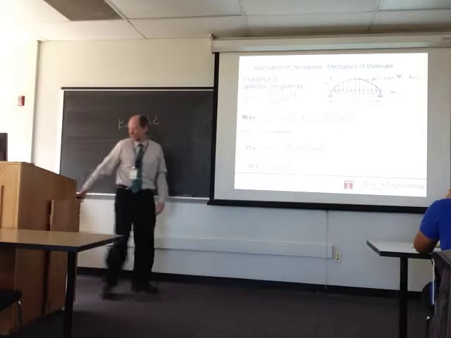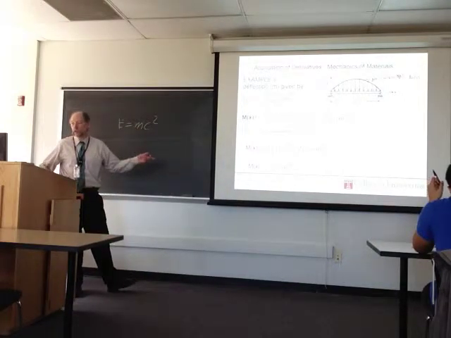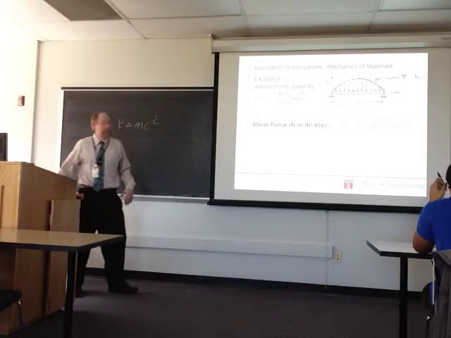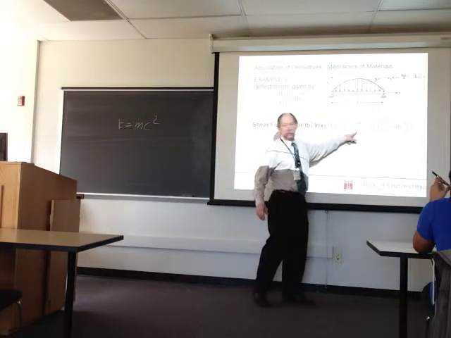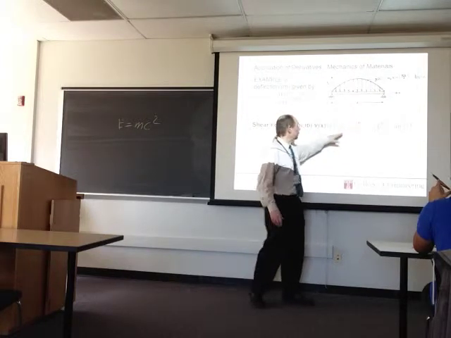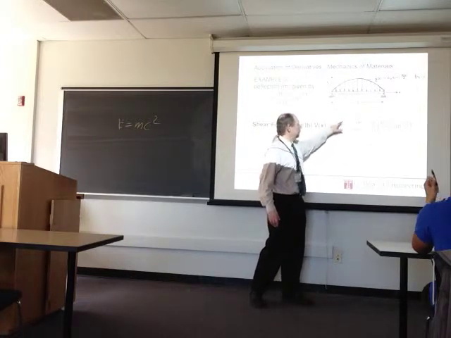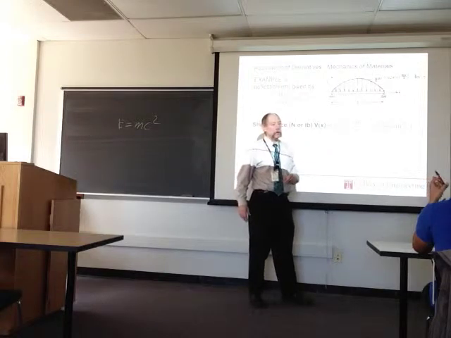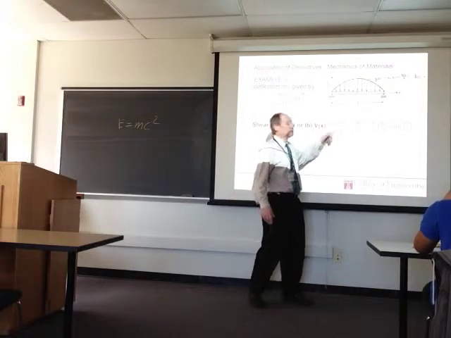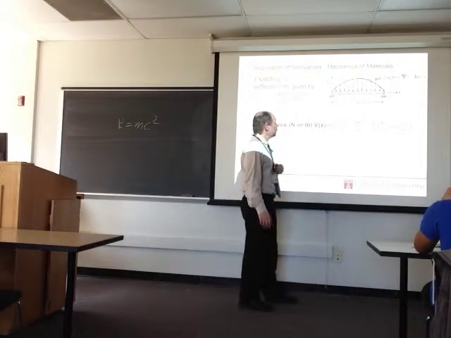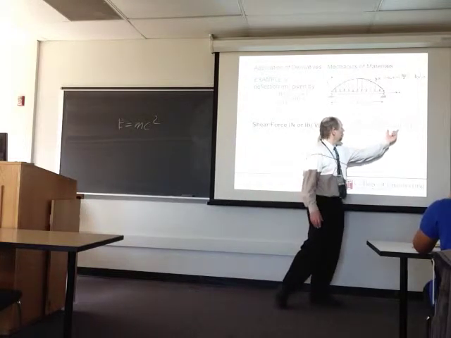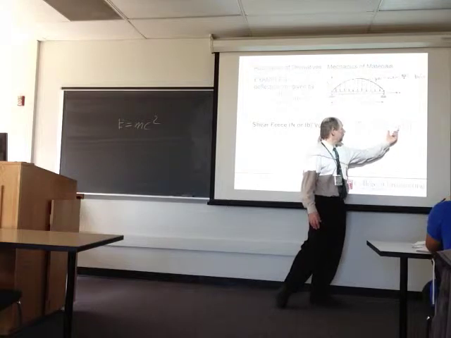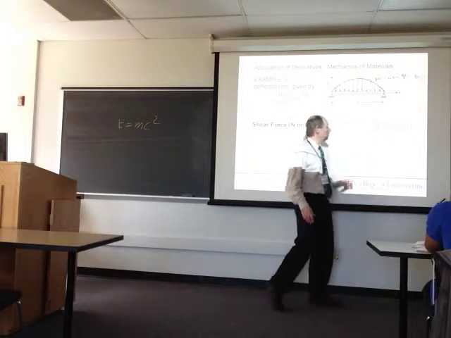All right, so I'm going to talk about shear force. Again, shear force is simply the derivative of moment. And the derivative of moment is EI times the third derivative of displacement, because EI is a constant, so you can pull that out. So the third derivative, this is the second derivative, W naught L squared over pi squared times the sine.